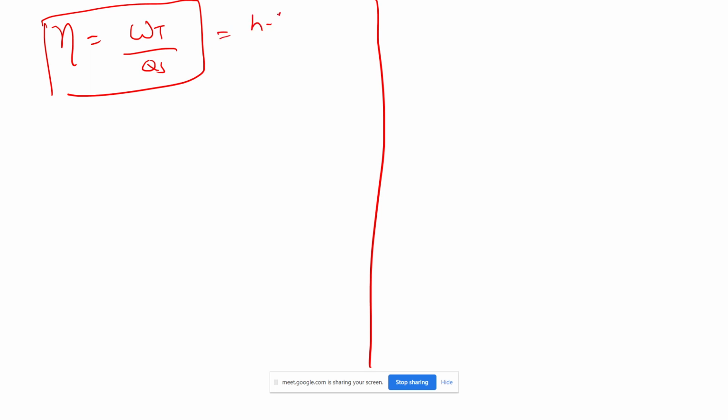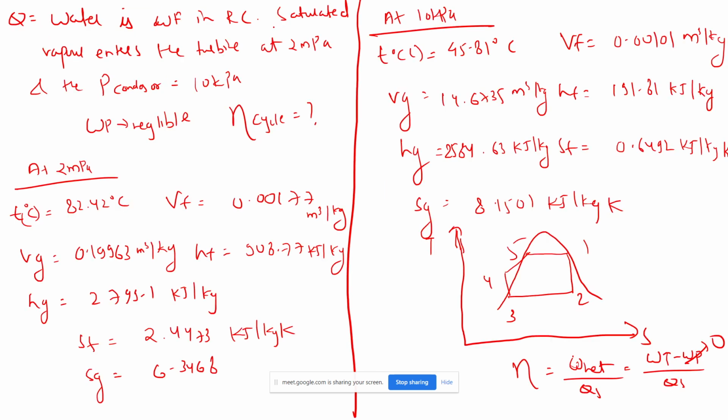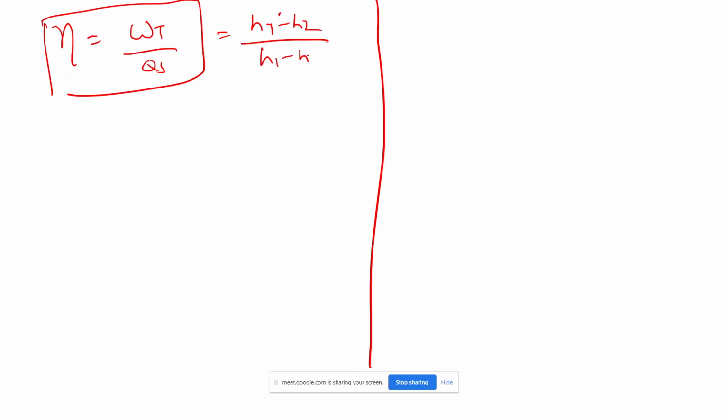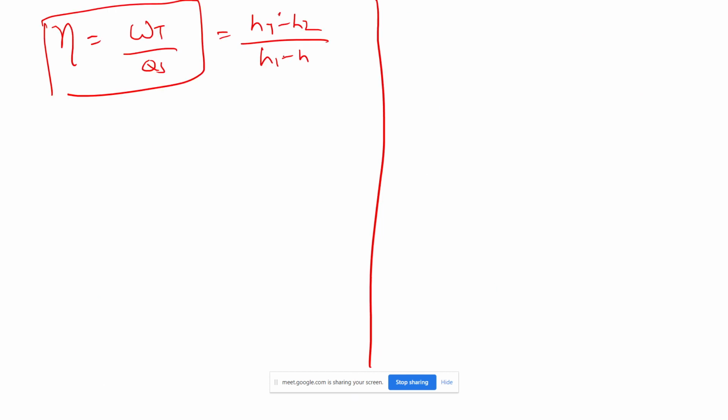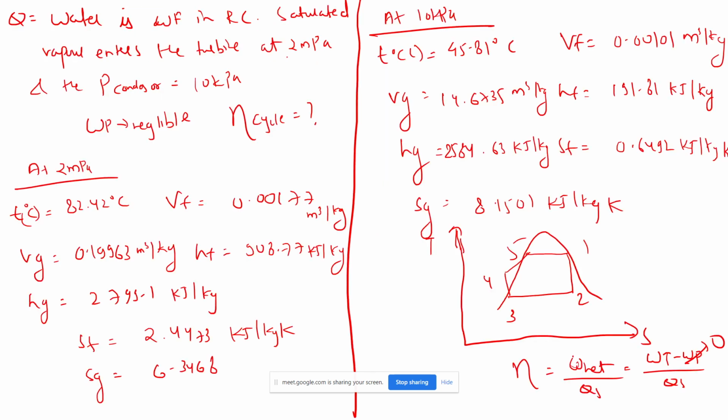Turbine work is h1 minus h2, and the heat supplied is h1 minus h4. So you have to calculate the enthalpy of points 1, 2, 4, then you can determine. I'll give you 5 minutes to calculate the efficiency, then I will discuss this.